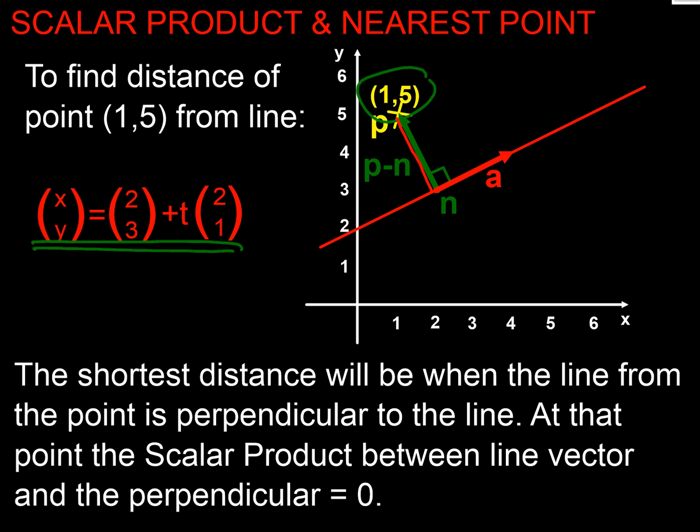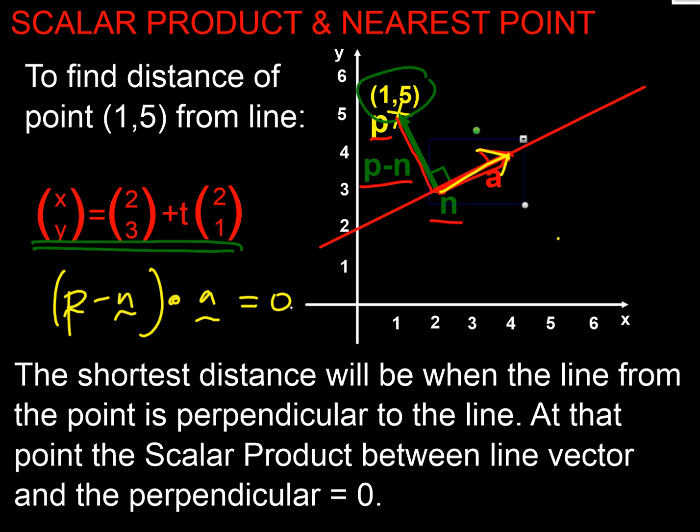And therefore, if I did the dot product of this vector here, the p minus n, that's p from n, and I do the dot product with the a vector, which is that vector there, we can see these are at right angles. Therefore, the dot product of those two, (p minus n) dot a, is going to equal 0, because I know they're at right angles.